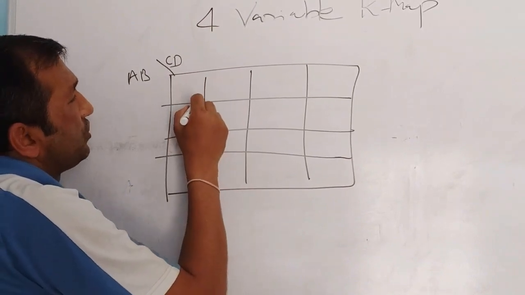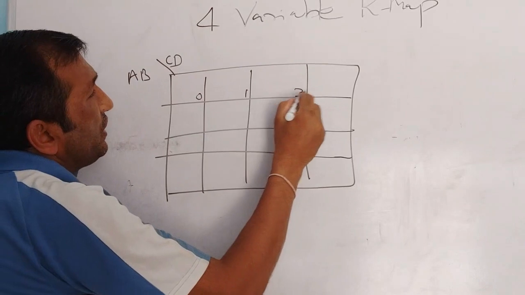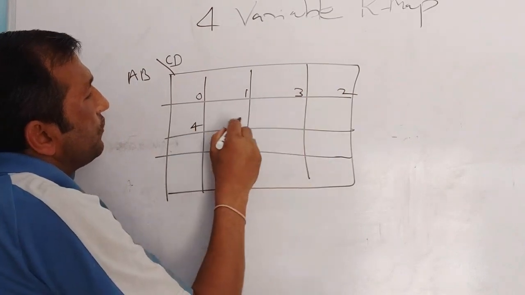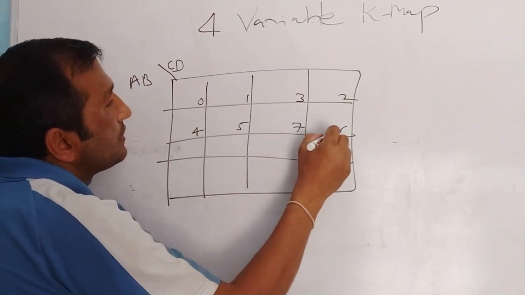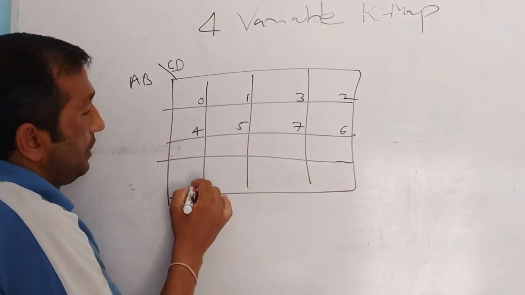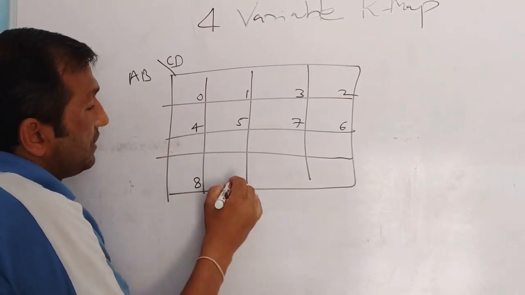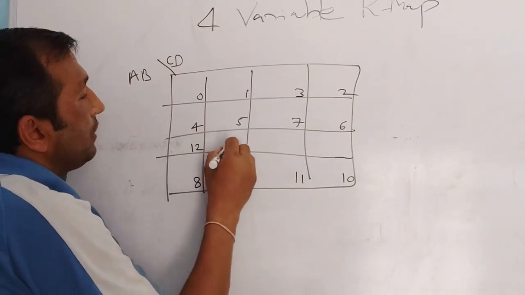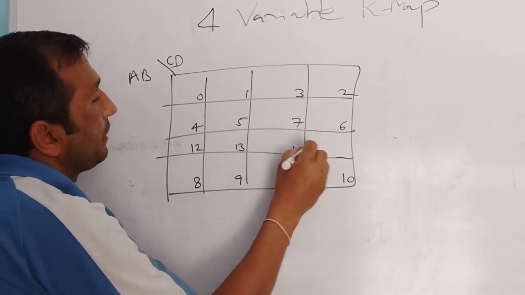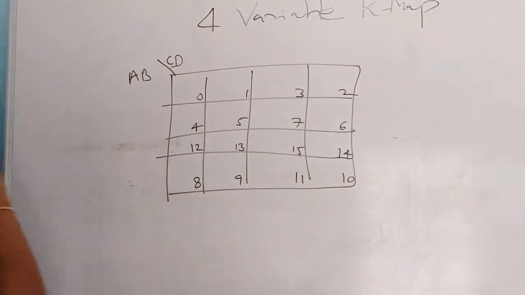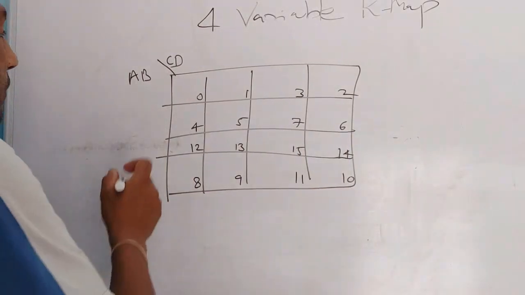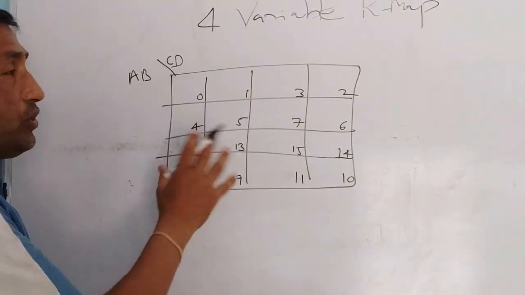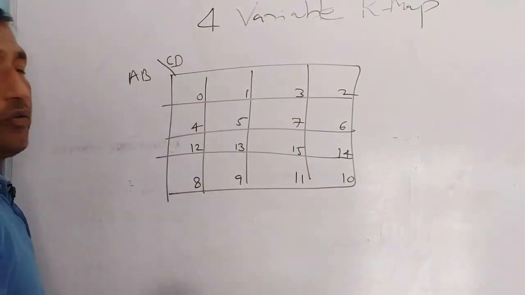So what was that? 0, 1, 3, 2, 4, 5, 7, 6. Come to the fourth row: 8, 9, 11, 10. Then 12, 13, 15, 14. So this is called gray coding for a 4 variable K-map. Now you need not do all the detail that we were doing.